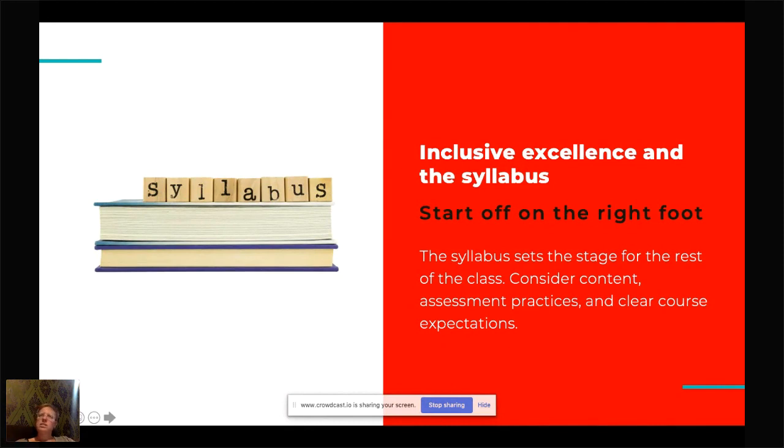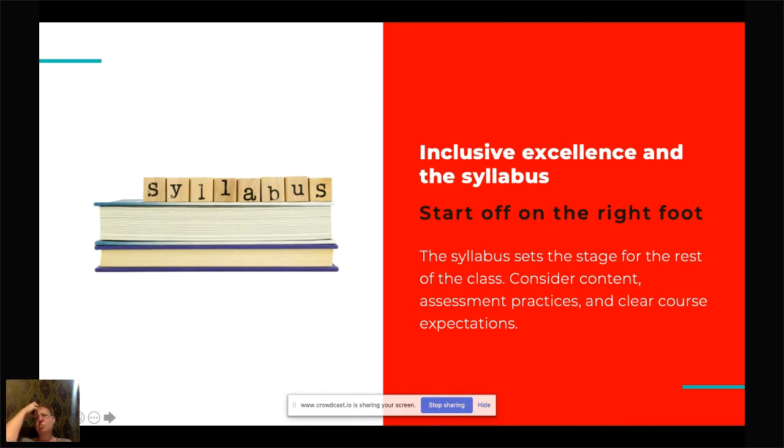So that's an example of a policy in the syllabus that you can tweak and think about what would make it inclusive, like how would it recognize the range of humanity that might be in your classroom.